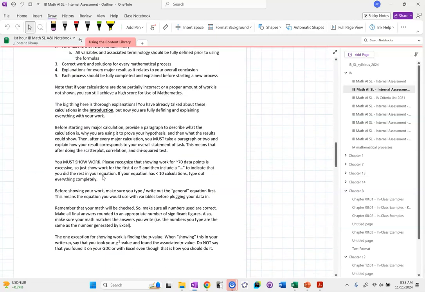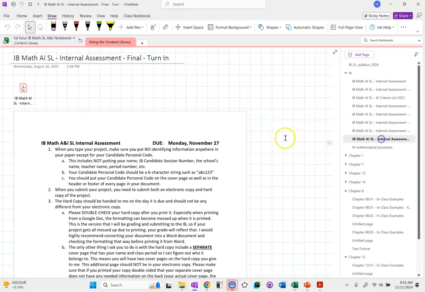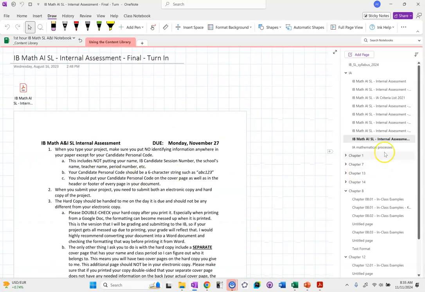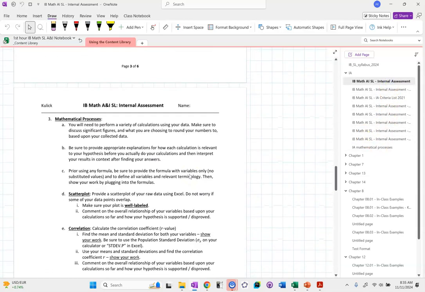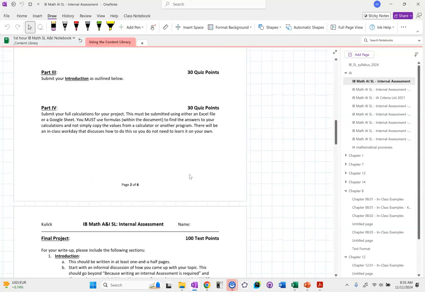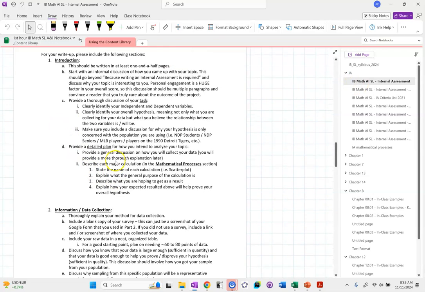Everybody feel okay as I read through this? The other place you might want to look is the very first IA document.